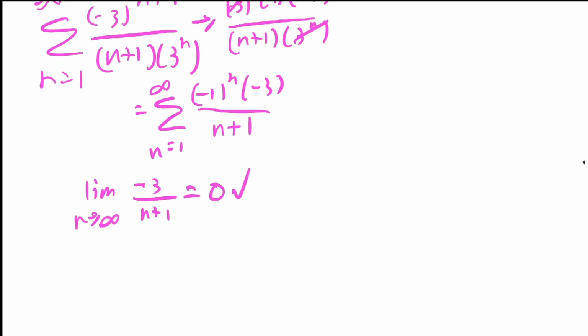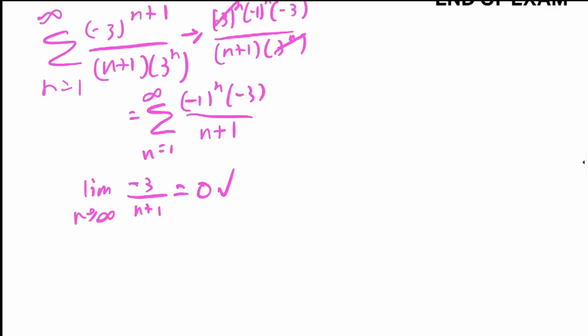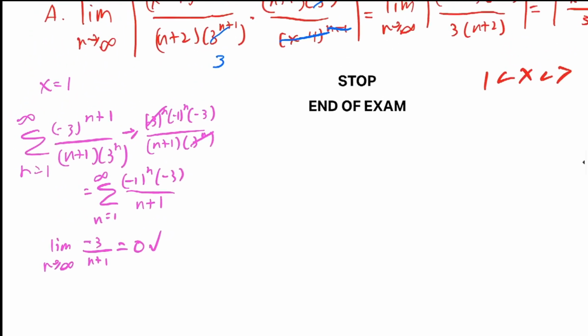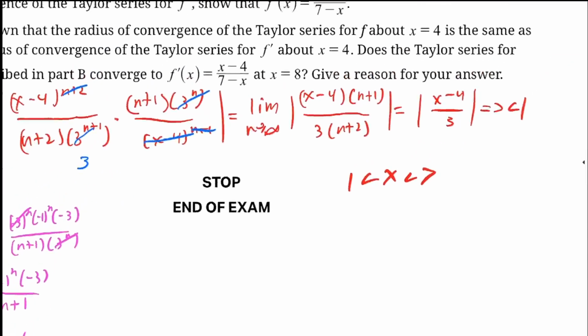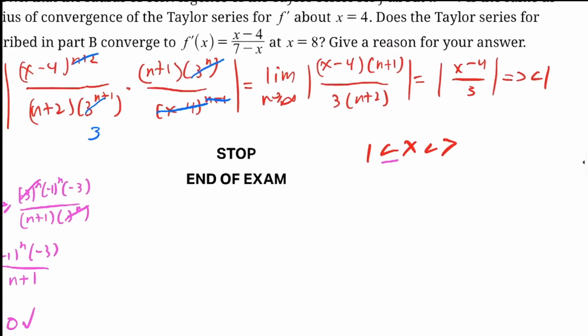You would also have to argue that this is a decreasing sequence. I'm not going to do that. Honestly, it's kind of a stupid rule, because if the limit goes to 0, it probably means it's a decreasing sequence, and in all cases it is. But you never know. Okay? So for x equals 1, the series converges, so we definitely include that in the interval here.